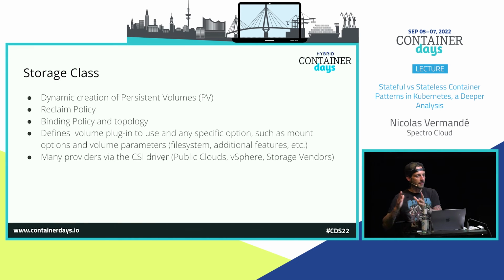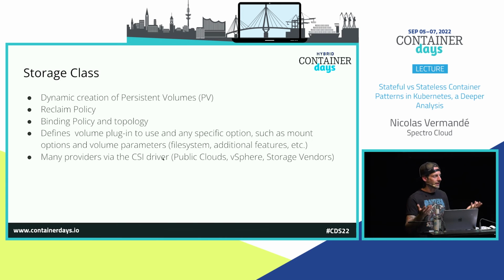Normally you have the persistent volume, which is the real storage, and the persistent volume claim, which is basically the claim, and essentially it's exactly what a pod is to a node. The PV is the resource, the PVC is consuming the resource, like a pod is consuming node resources. Once the PVC is created, you bind the PV to the PVC, and you can start using the storage. Here is the storage class.